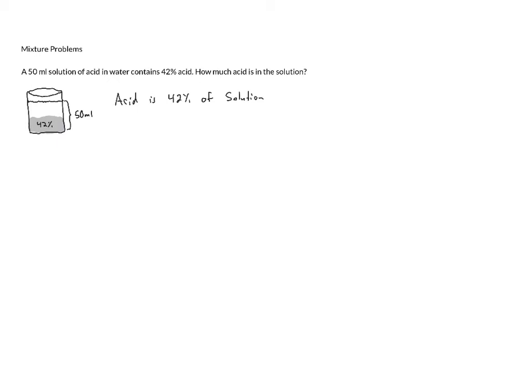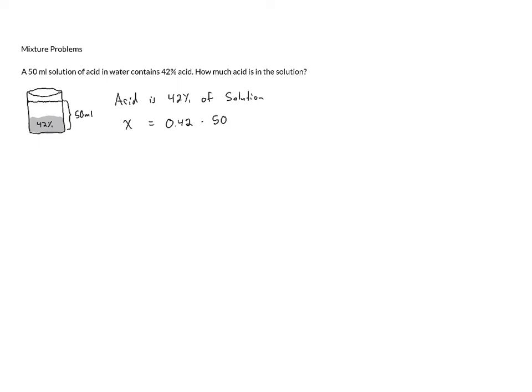So we can use the percent equation here to figure out how much acid there is. We don't know how much acid there is, that's the unknown, so that's going to be the x. Is equals, 42% is 0.42, of is multiplication, and then the amount of the solution in this case was 50 milliliters.